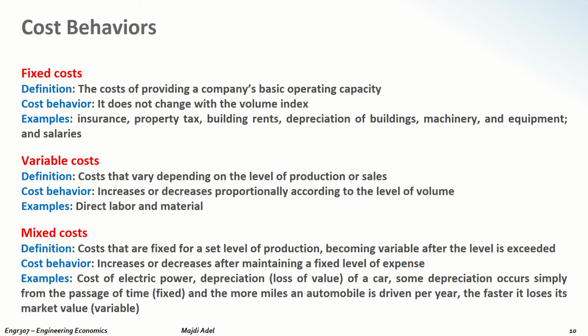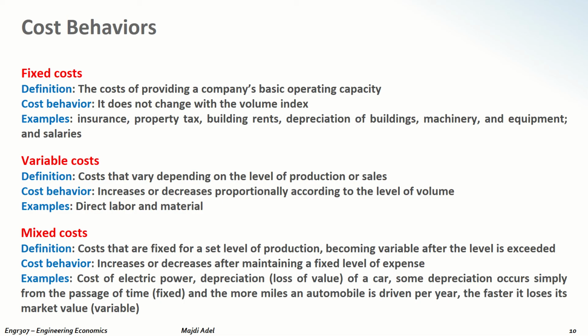For example, if I'm producing 1000 tablets, I need a certain amount of raw materials and a certain amount of direct labor. If I'm going to produce 10,000, I will need more raw materials and more labor. So the salaries of the direct labor and the cost of the raw materials change with the volume index.